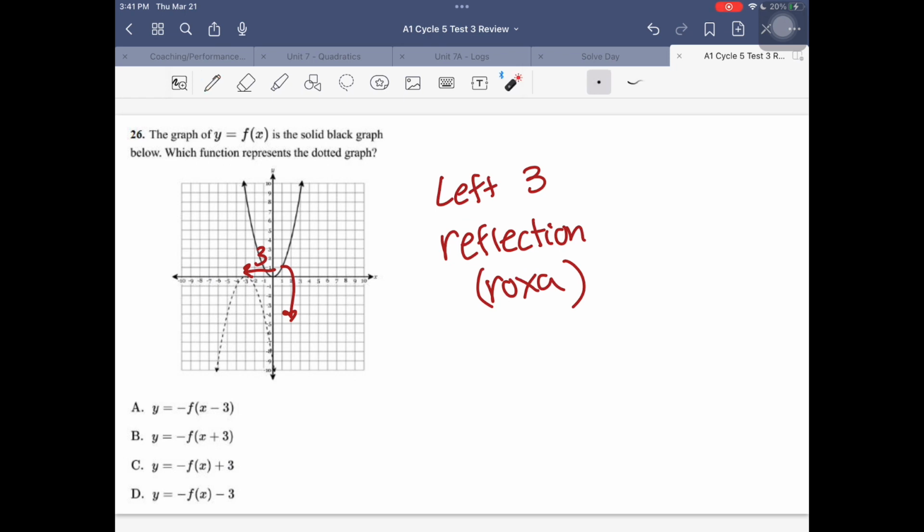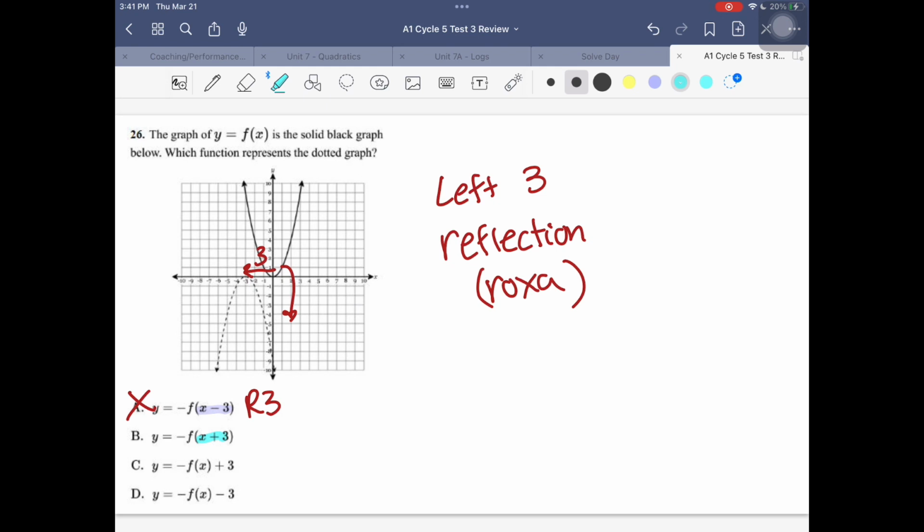Reflection doesn't help us because they all have a reflection. We want to go left 3. Why is this one incorrect? Remember, inside is the crazy x. So this is actually telling me that it is going right 3. Incorrect. This one, oh look, plus 3.